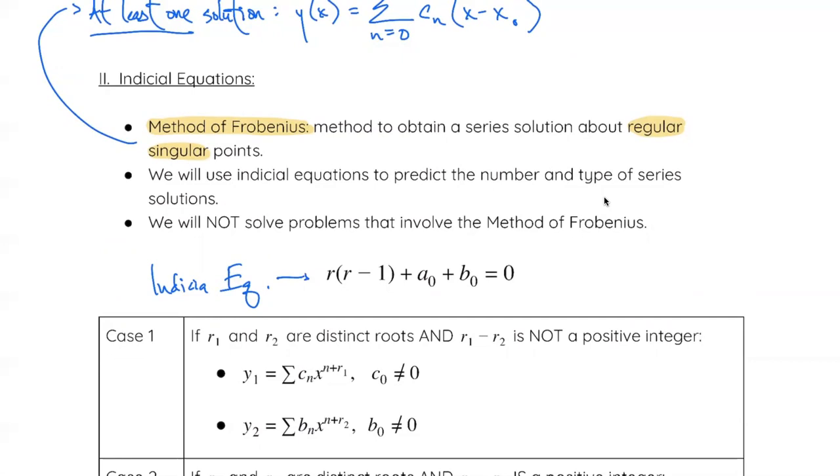I'm missing a letter; there should be an r right here. Sorry, a sub 0 r plus b sub 0. And if I were to write that out, because I don't want us to think this is an exponent, r times (r minus 1) plus a sub 0 r plus b sub 0 equals 0.